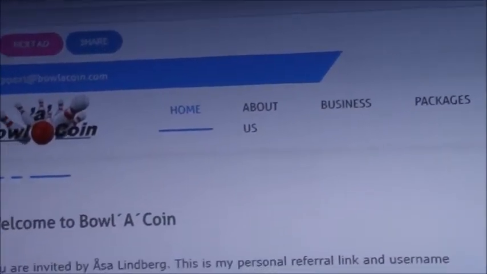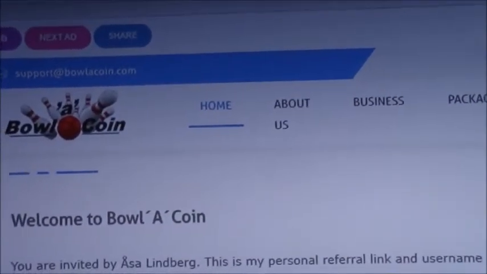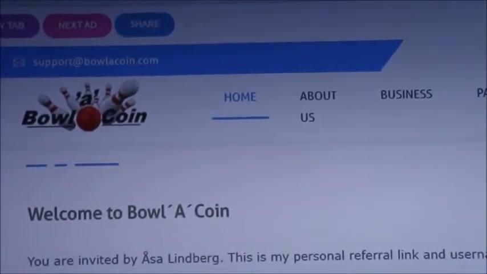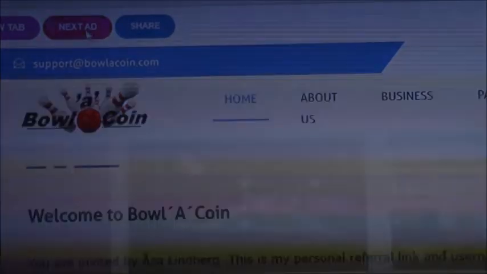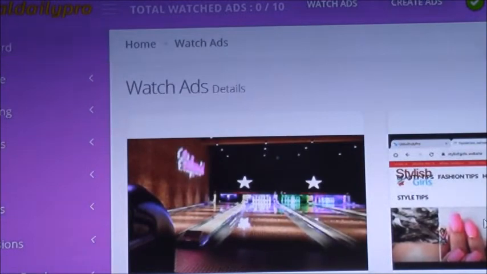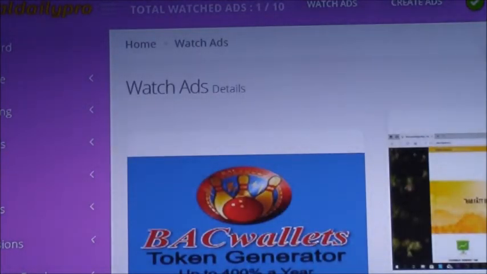And so after that, you just have to click next. See that? Just click next, because you need to click 10 ads a day. So go to the next ad.